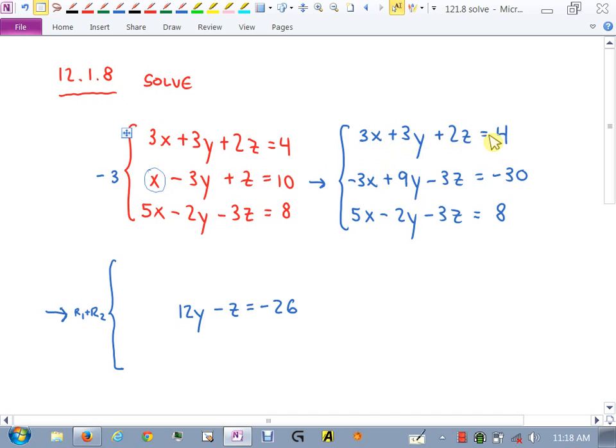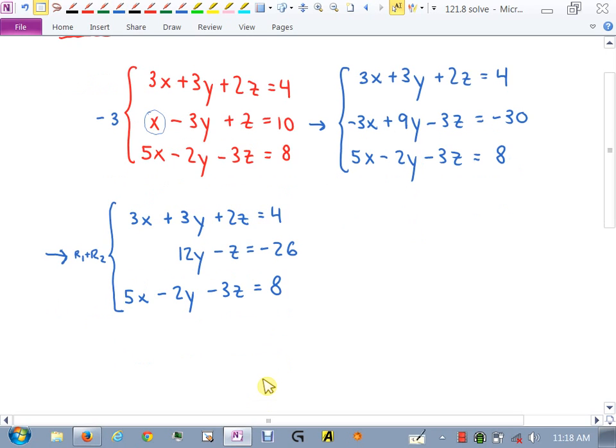So how about just writing this first one back the way it was? 3x plus 3y plus 2z equals 4. And the last one, 5x minus 2y minus 3z equals 8. So I'm on my way, right? I mean, I've got this thing cleared out.